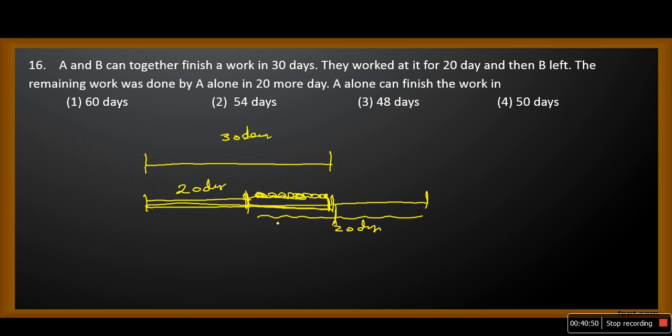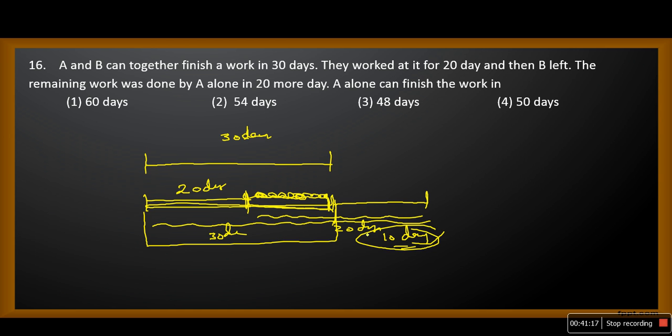If I take 40 days for A, and take away 30 days from that, 10 days is left over. Why is A taking another 10 days? Because B left after 20 days. It means B's 10 days of work is done by A. So for that A is taking 10 days.